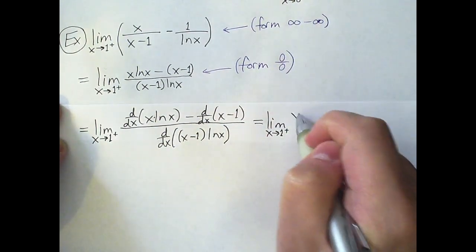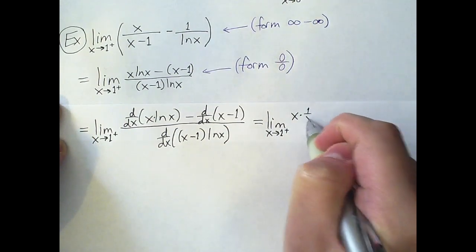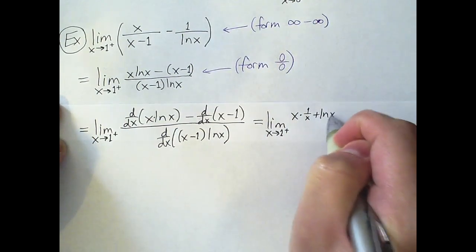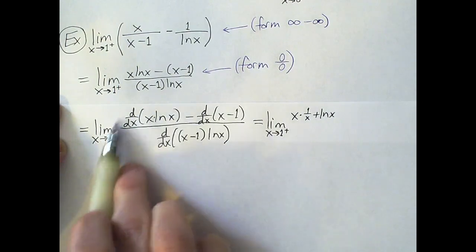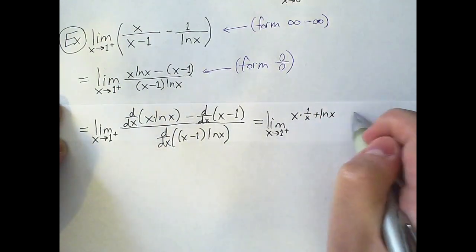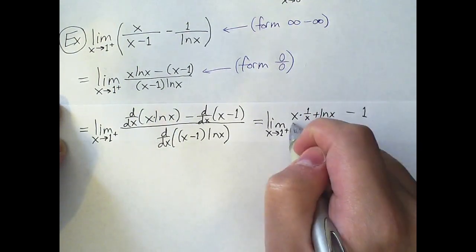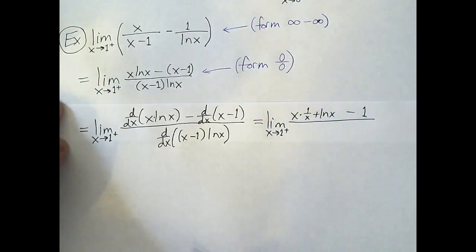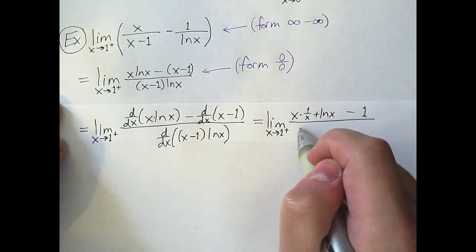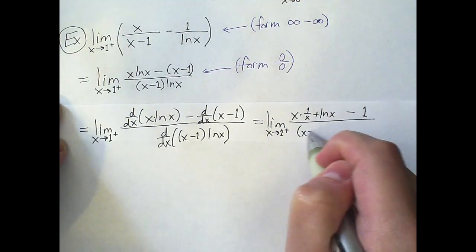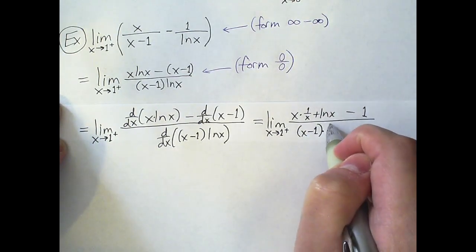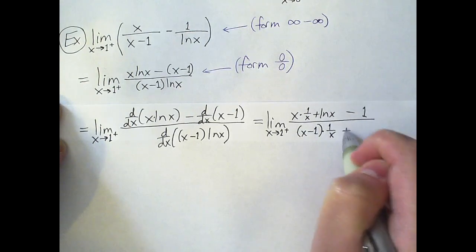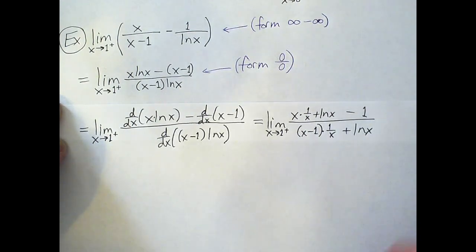So x times 1 over x plus ln x is what I get from the product rule on that, and then minus 1 from that other piece. And then for the denominator, I'm going to apply the product rule to that also. I get x minus 1 times 1 over x plus ln x.